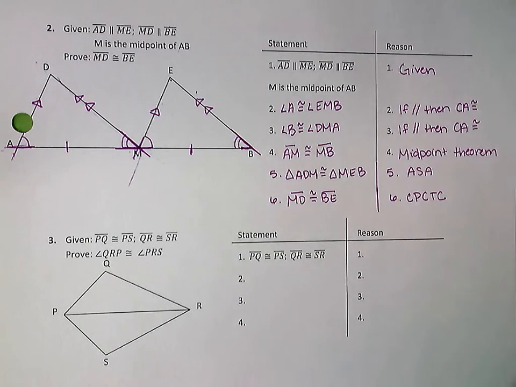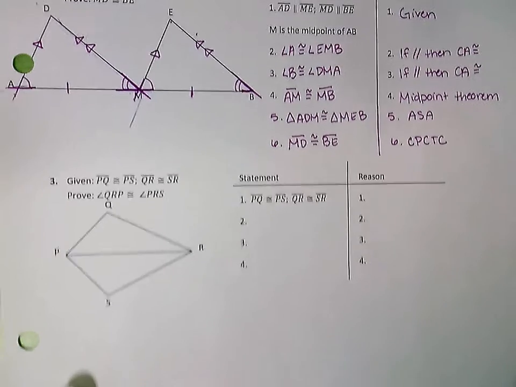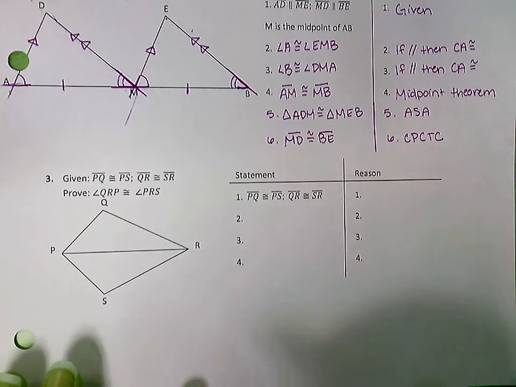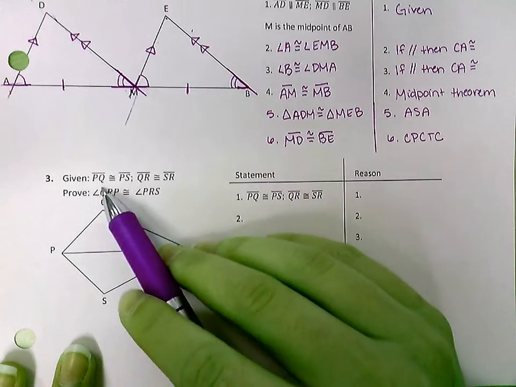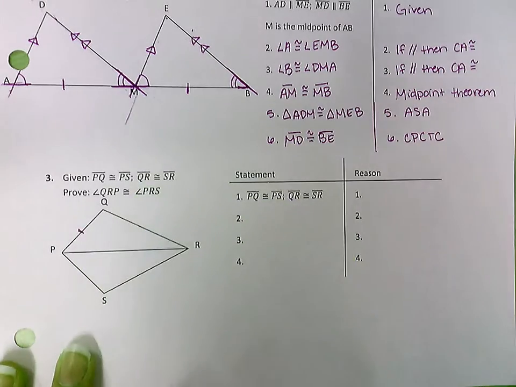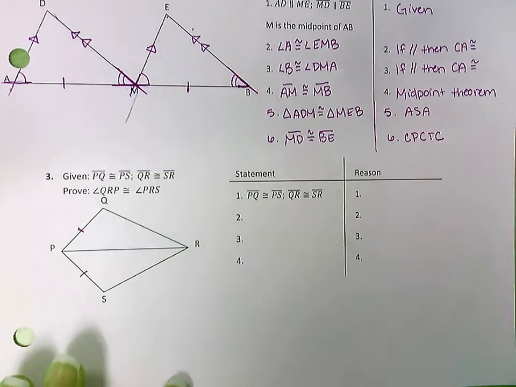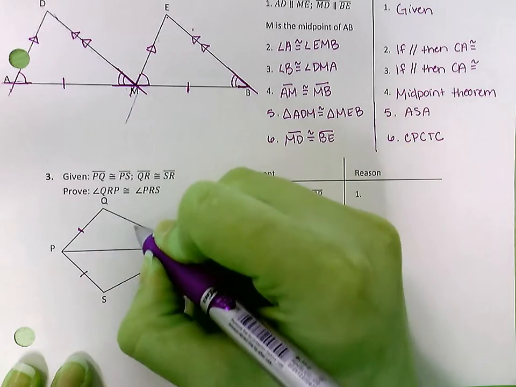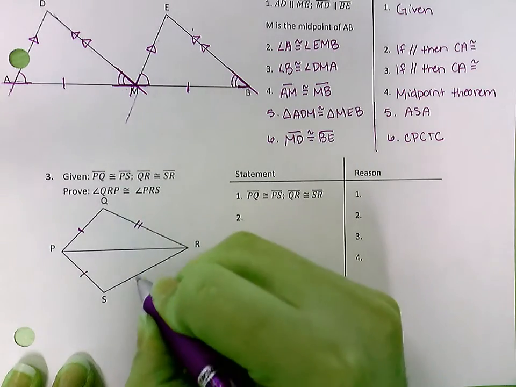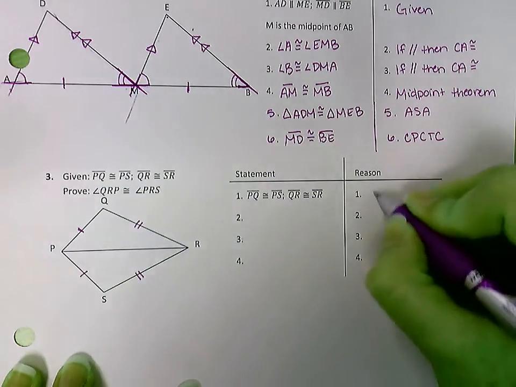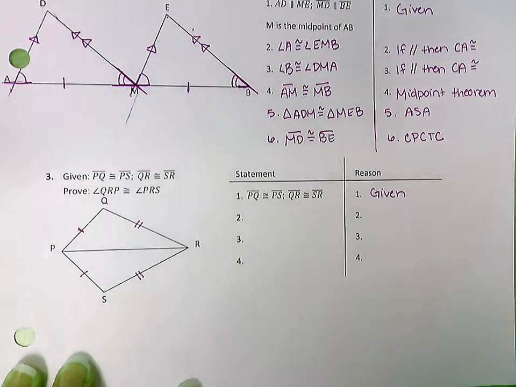All right, most people are finishing up or done. So number 3, we have segment PQ is congruent to segment PS, and segment QR is congruent to segment SR. So that's our given information.